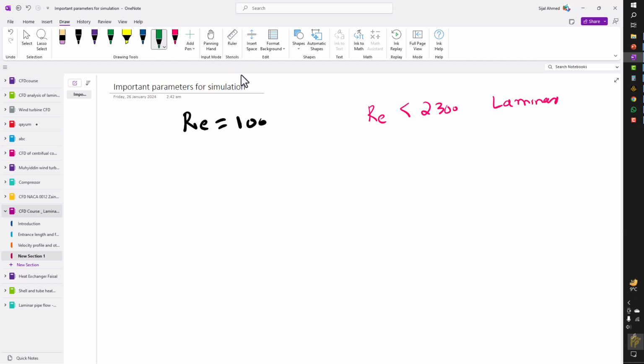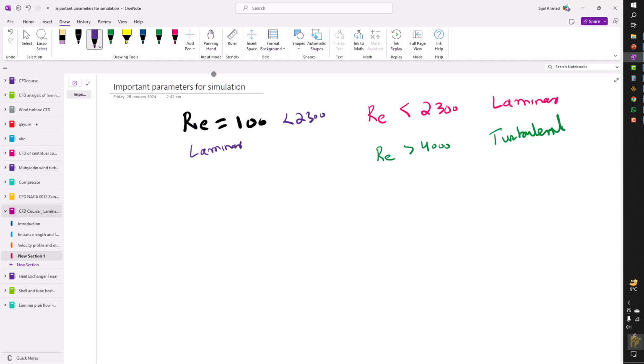And when Reynolds number is greater than 4000, the flow is turbulent. And in between them we have the transitional flow. So definitely this is the case where the flow is laminar because it is less than 2300.